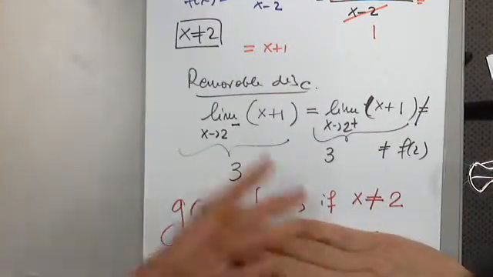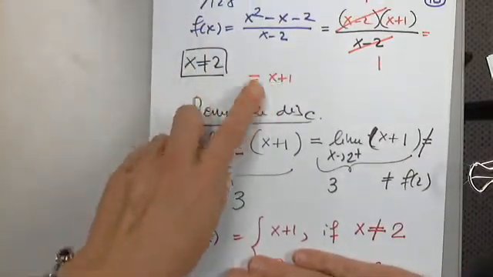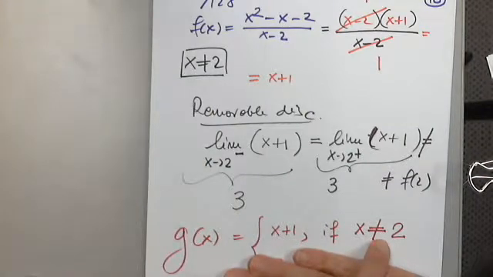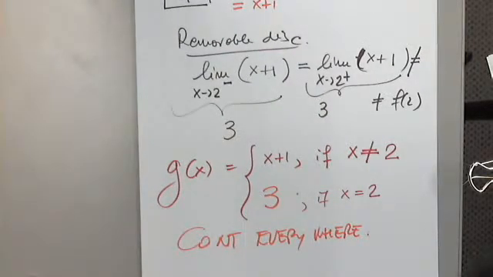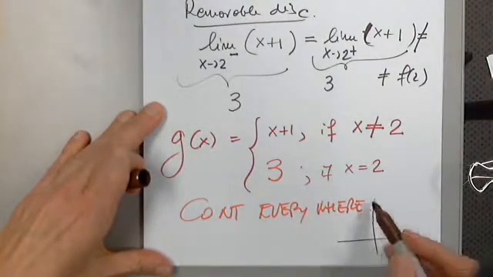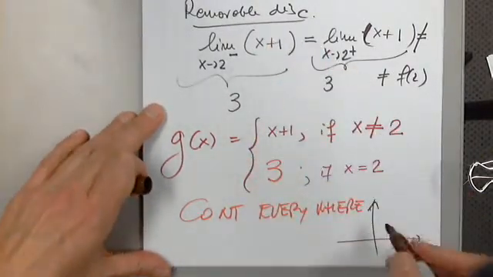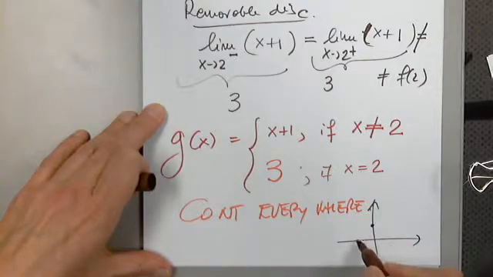So I used the function that I was given, f of x is x plus 1 when x is not 2. Then I said, I have to fill in that gap. That was the only gap, at 2. Since the limits from the left and right are 3, the only value that fills that point must be 3. The graph was this before: x plus 1, when x is 0, y is 1. When y is 0, x is negative 1.